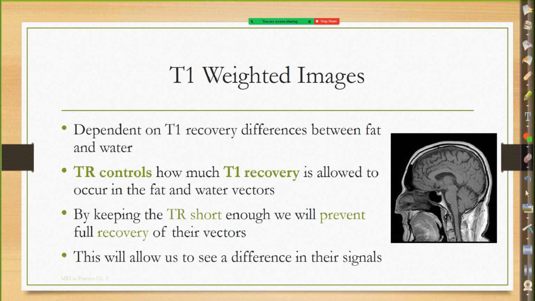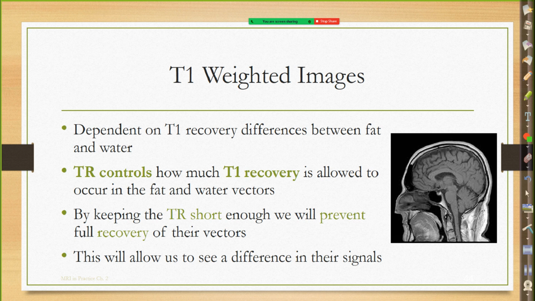All right, T1 weighted images. This is dependent on T1 recovery differences between all tissues, but once again, we're going to focus on fat and water. TR, repetition time, controls how much T1 recovery is allowed to occur.